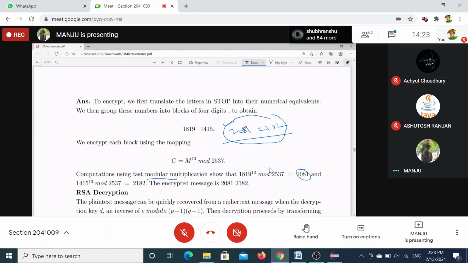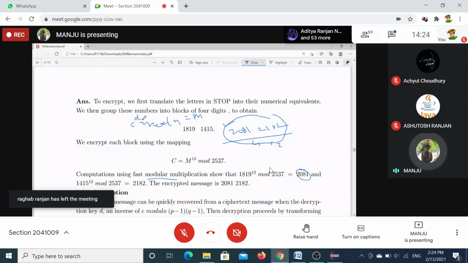First take this C1 and C2. In general, for C, you take C raised to power the inverse of E, that is D, mod M.